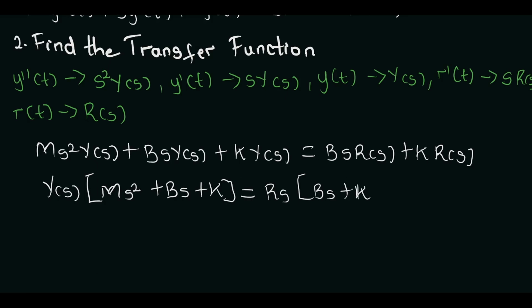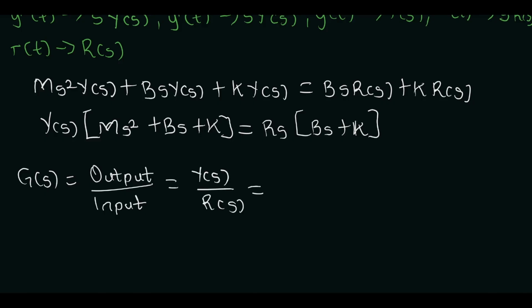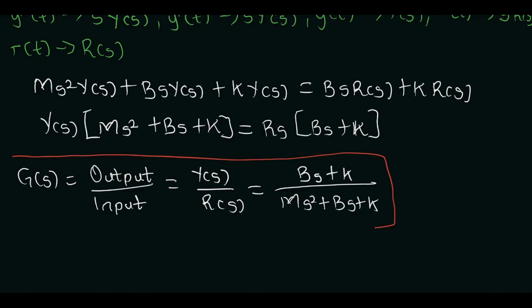And we know that our transfer function G(s) will be equal to your output over your input. And your output is Y(s) over R(s). So that will give us (b s plus k) over (m s squared plus b s plus k). So this is your transfer function of your suspension system.